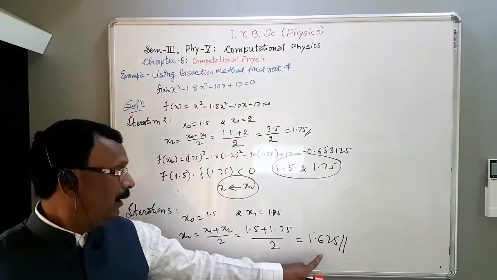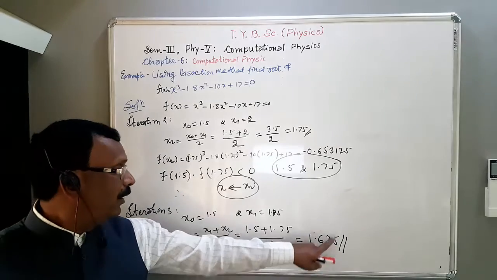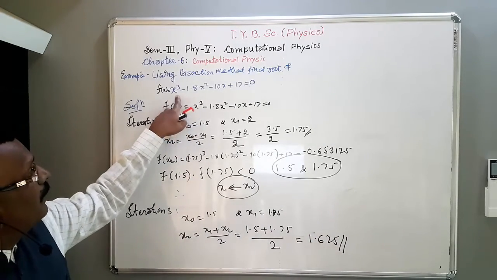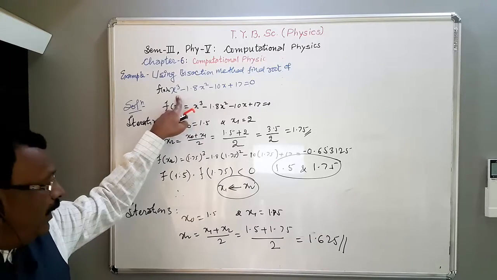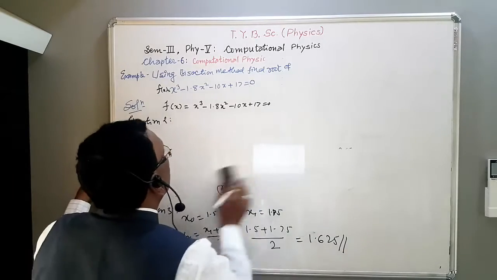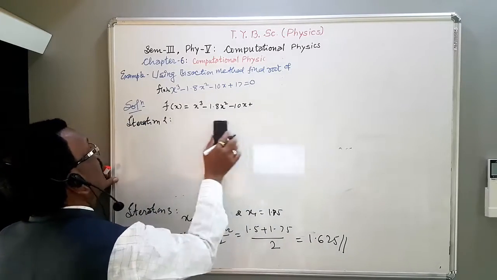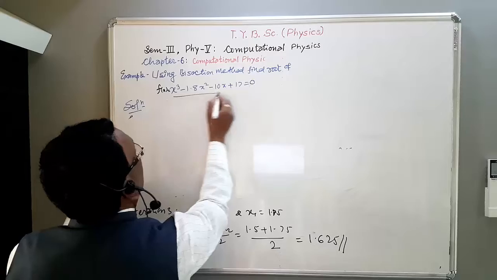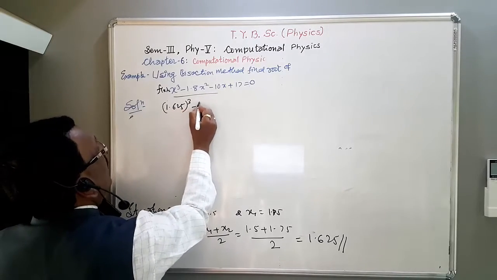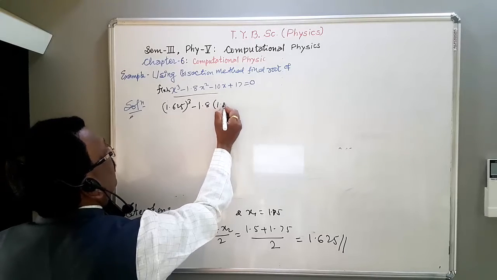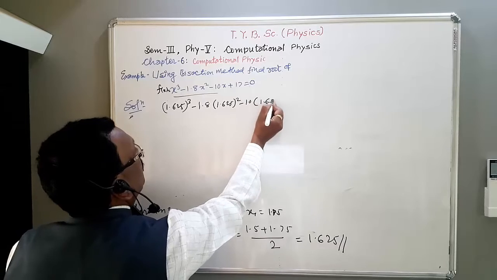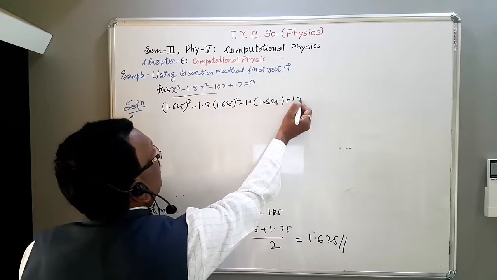Now what we have to do? We have to substitute this value of x2 in this function. When we substitute the value, we get 1.625 cube minus 1.8 times 1.625 square minus 10 into 1.625 plus 70.